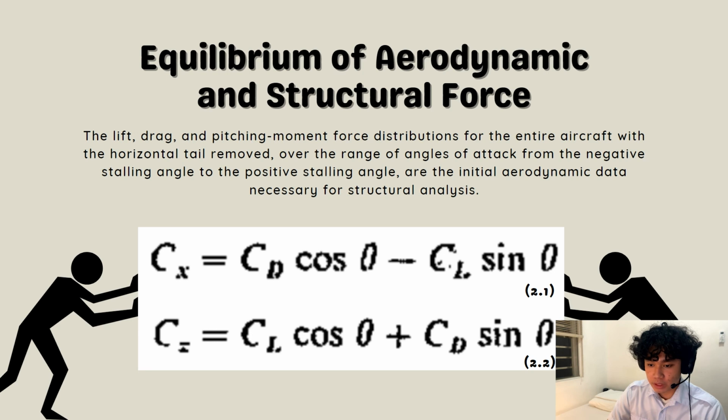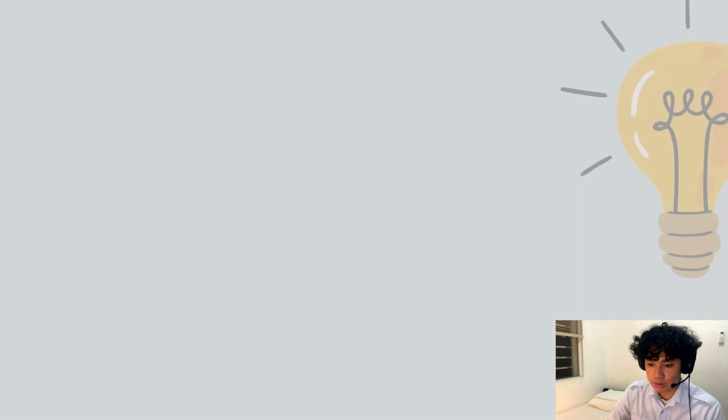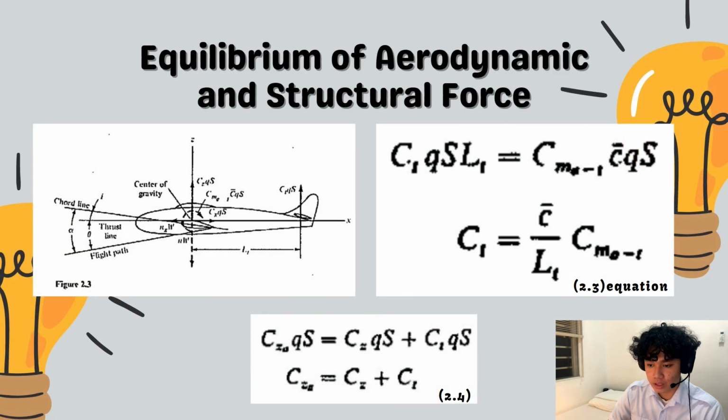Wind tunnel experiments on a full airplane model without a horizontal tail provide lift, drag, and pitching moment data for all angles of attack. The components of the lift and drag forces are then computed in relation to the aircraft reference axis, as indicated in Figure 2.3. The airplane axis can be selected.